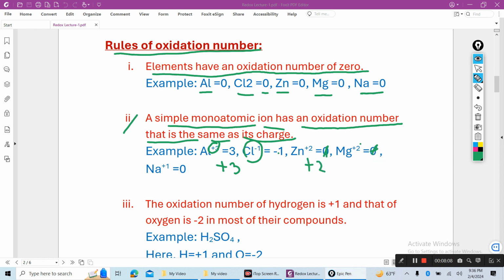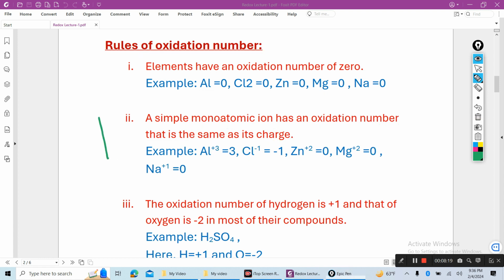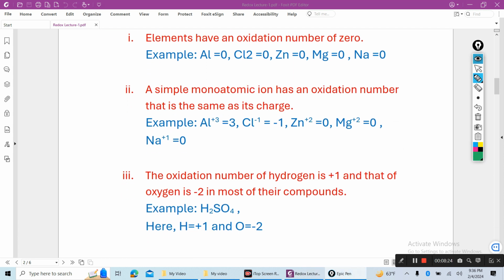Magnesium 2 plus, +2. Sodium +1. Rule 3, the oxidation number of hydrogen is +1 and that of oxygen is -2 in most of their compounds. Say sulfuric acid is a compound. Here the oxidation number of hydrogen is +1 and oxygen is -2.